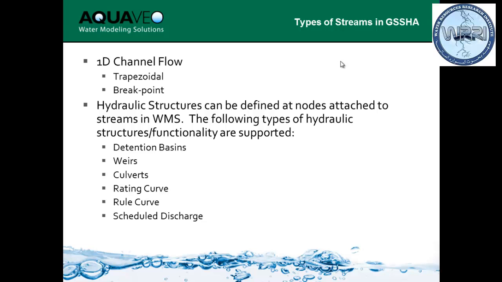And you define your hydraulic structures like detention basins, weirs, culverts, rating curves, scheduled discharges, and rule curves. You define these hydraulic structures at nodes that are attached to streams in your 1D hydraulic model, and all those different hydraulic structure types are supported in GSSHA.